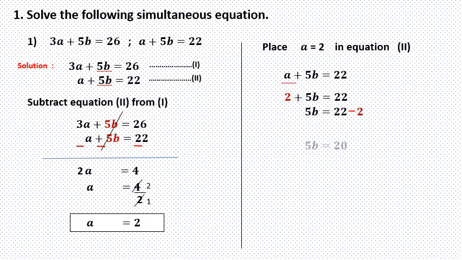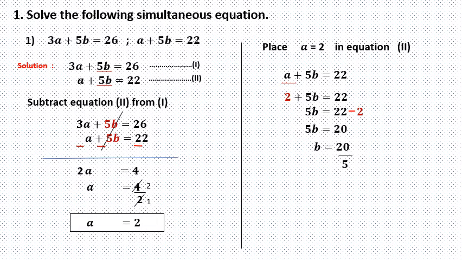Again 22 minus 2 will become 20, 5b equal to 20, and now 5 will go to the right side. So 5 is in multiplication with b, when it goes to the right side, it will go in division with 20. So we will get the value 4. 5 ones are 5, 5 fours are 20.